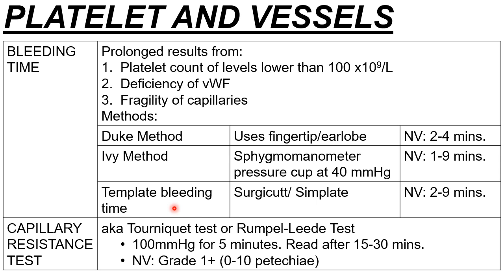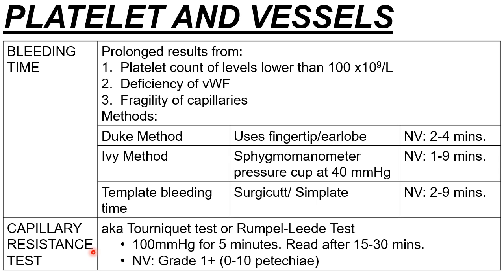Okay? So sa mga normal values naman, Duke method 2 to 4 minutes, Ivy method 1 to 9 minutes, and template bleeding time is 2 to 9 minutes. Sa capillary resistance test or tourniquet test or Rumpel-Leede test, gagamit ka din ng sphygmomanometer, no?